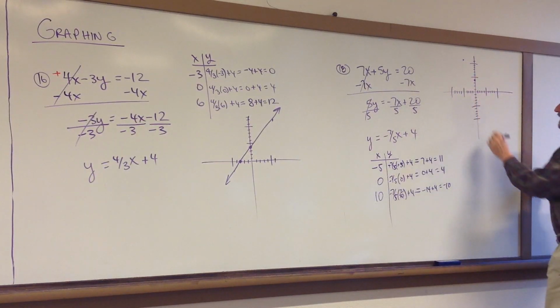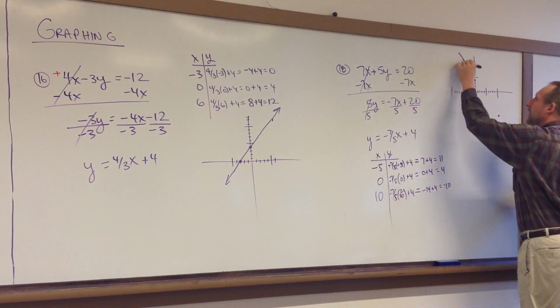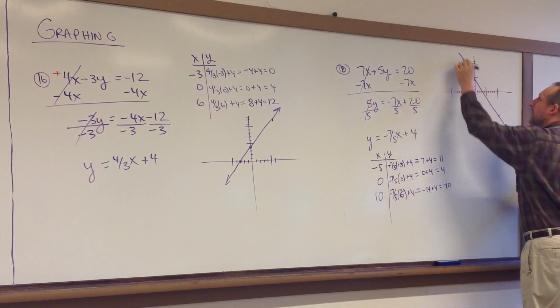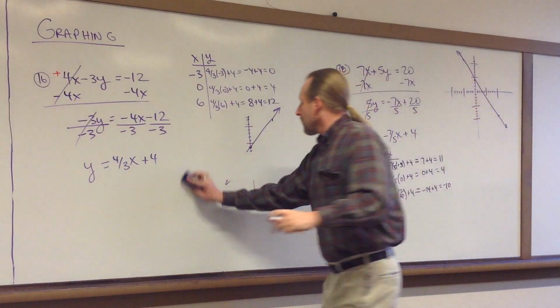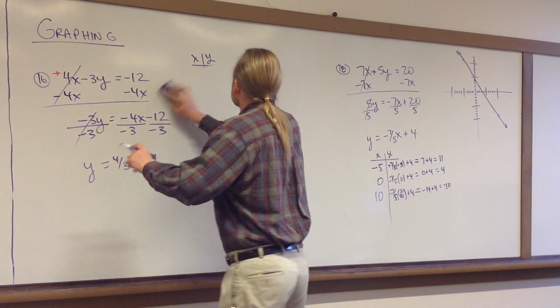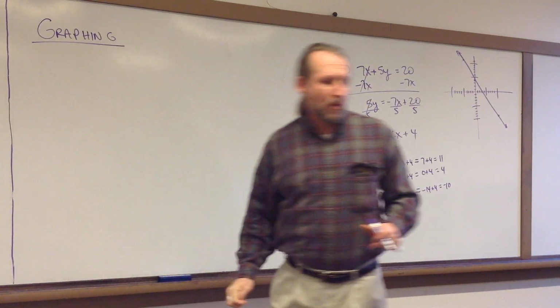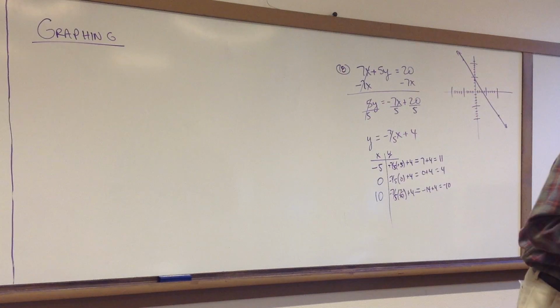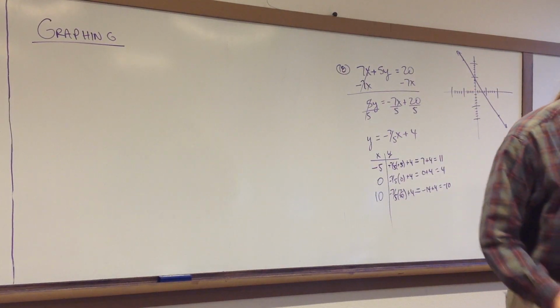And then 10, negative 10 is going to be right about there. Yeah, and that makes a pretty good straight line that looks something like that. Okay, let's look at a couple more.